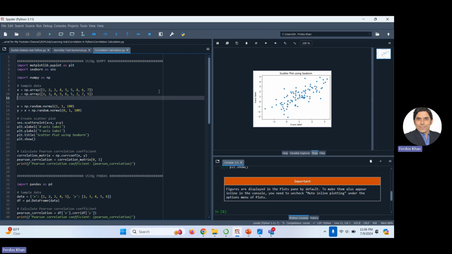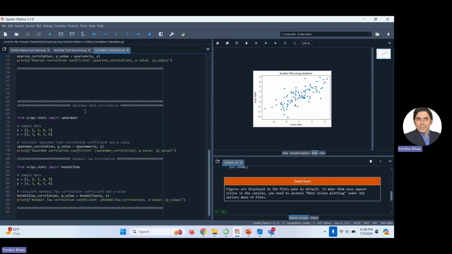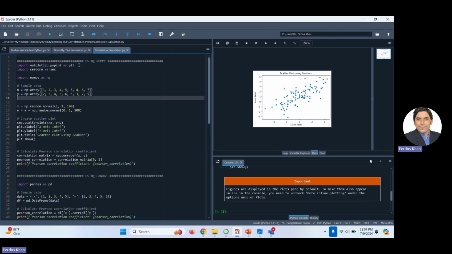We will do the simple correlation analysis today, and in the next video we will do the Spearman rank correlation, and then the Kendall-Tau correlation. So today we are doing this simple correlation, and first we import matplotlib.pyplot as plt.